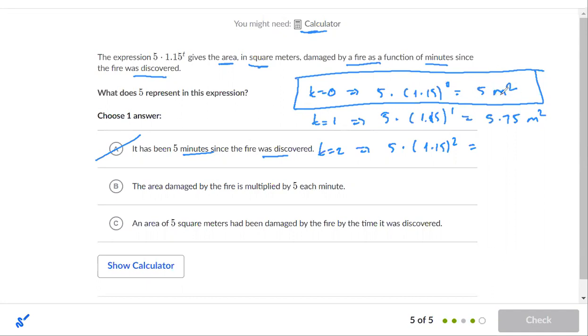That was the already damaged area when they discovered it. So I would say that is the much better answer. But again, the option saying the area damaged by the fire is multiplied by 5 each time is wrong. This 5 would need to be 1.15. If that were 1.15, then it might be correct, but it is given as 5. So this is going to be the answer for this question.